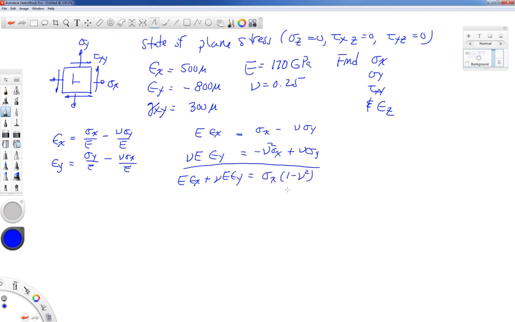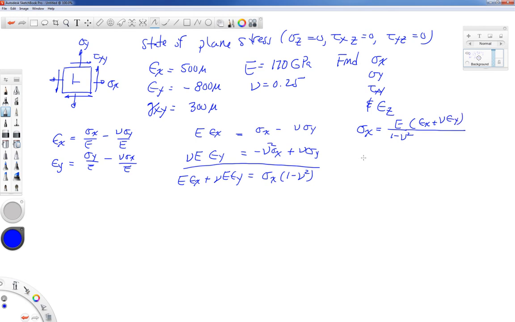And I'll factor out the sigma x on the right-hand side. Then if I solve for sigma x, what I'm going to get is capital E divided by 1 minus nu squared times the quantity epsilon x plus nu epsilon y.